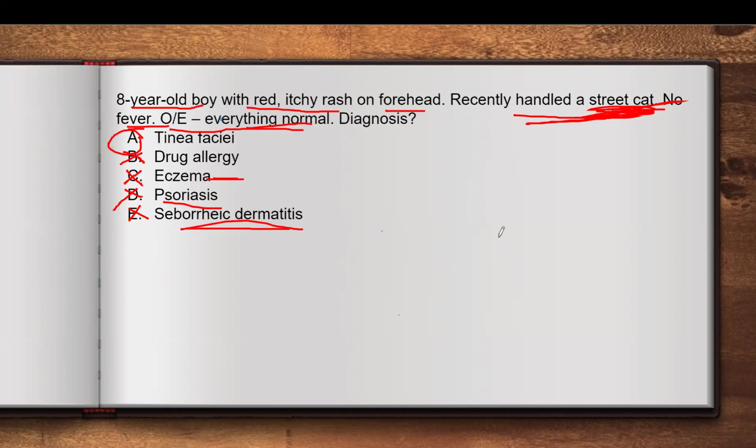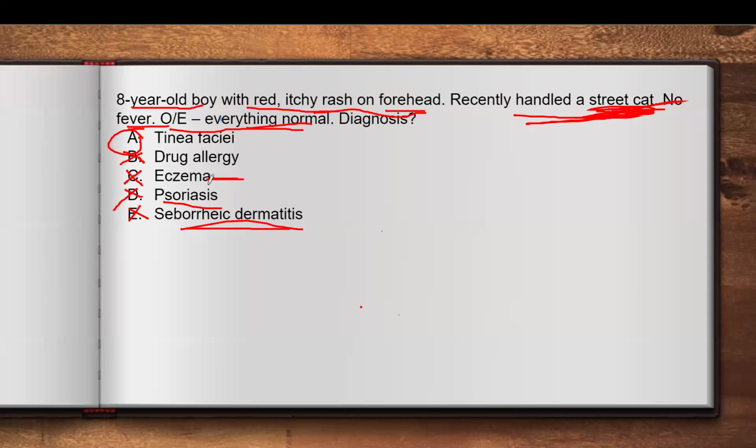Why not eczema? Kindly repeat. Eczema is usually on the flexural surfaces, meaning the antecubital fossa or the popliteal fossa. Eczema has a different presentation. It is not an itchy rash just on the forehead.